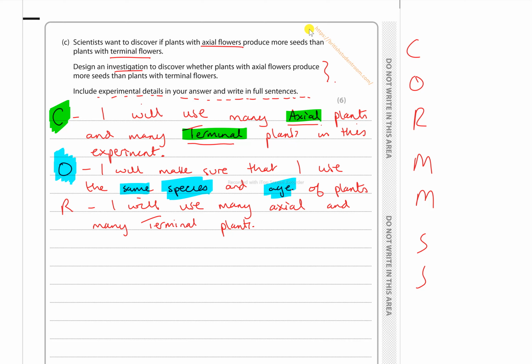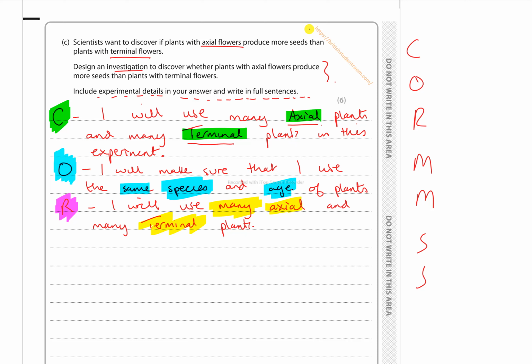It's no good having terminal as really young plants and axial as really old plants that are about to die and can't produce a good crop. They've gone past the optimum. And this is a standard. Learn this.